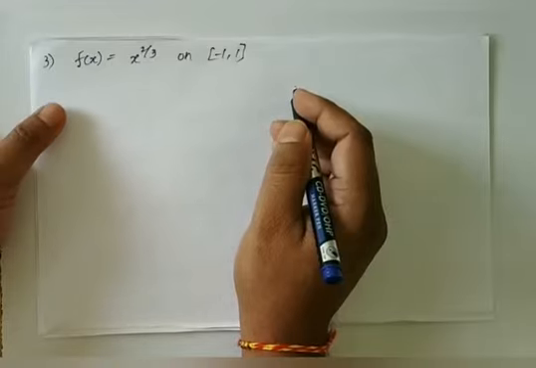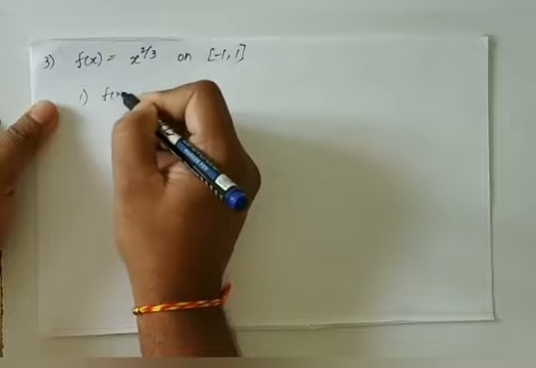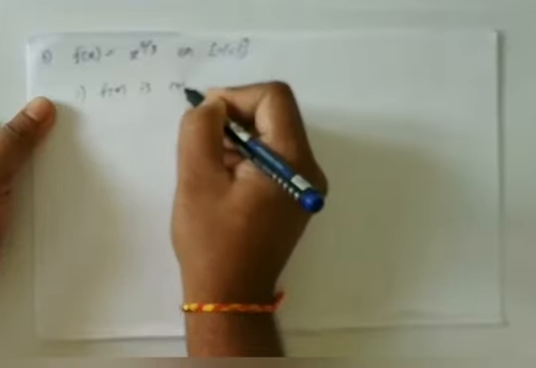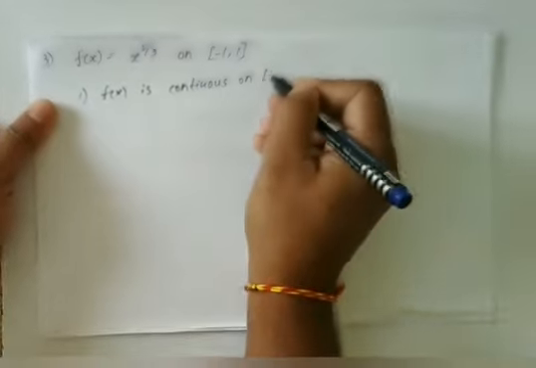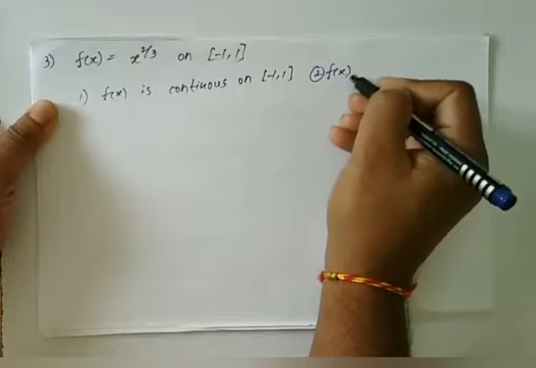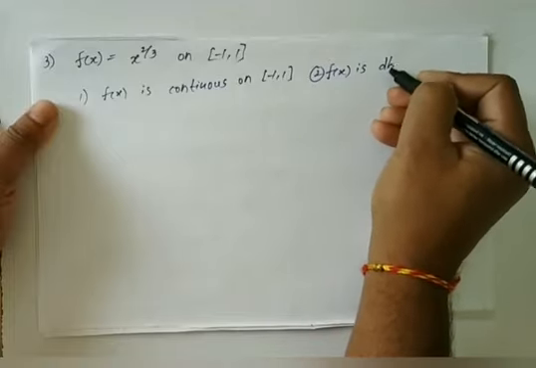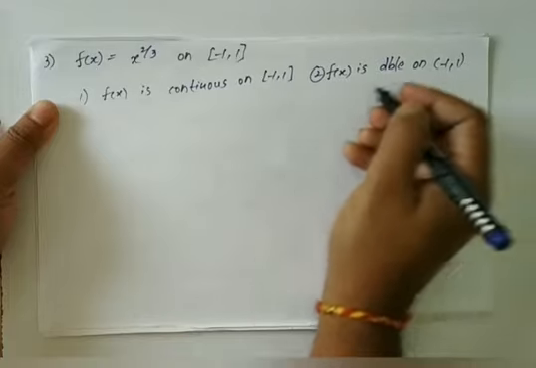Write down directly, no problem. f of x is continuous on closed interval minus 1 comma 1. Second one, f of x is differentiable on open interval minus 1 comma 1.